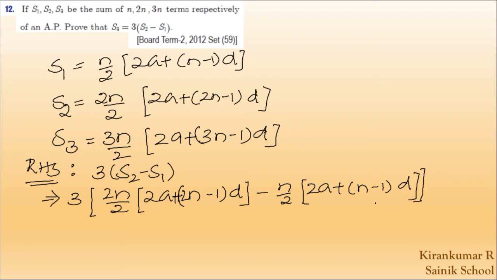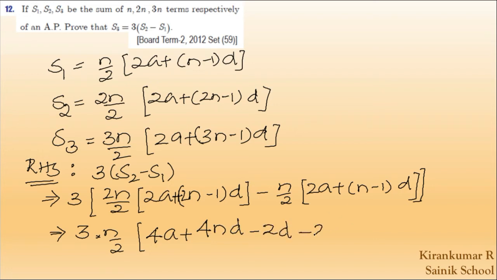Observe very carefully. There is n by 2 common. I'll not cancel this, I'll take n by 2 as common. I'll be getting 4a plus 4 times n multiplied to d minus 2 times of d, minus 2a minus n times of d plus n times of d.